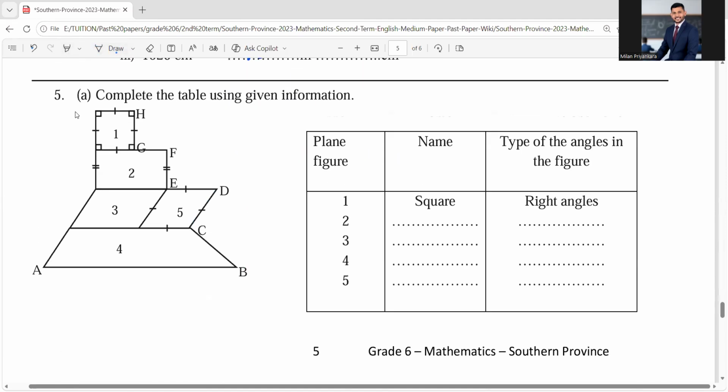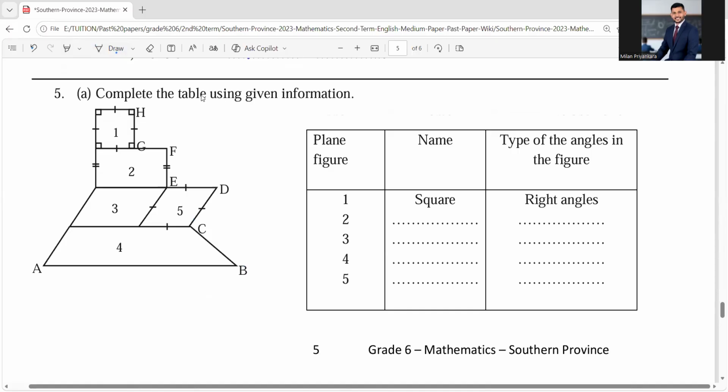Complete the table using given information. Plane figure 1, 2, 3, 4, 5. Name. 1 is a square. 2 is a rectangle. Type of the angles in the figure, right angles. 3, parallelogram.